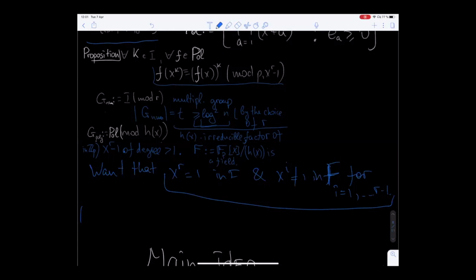You can say this argument in a more complicated way for any R, but I just stress that all we need here is that h of x is of degree bigger than 1, so that we actually enlarge the field, and that we have this property that I pointed out here. And this property is straightforward in case when R is prime.